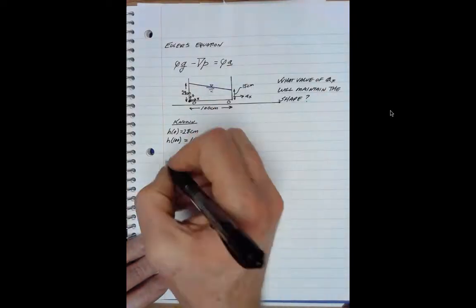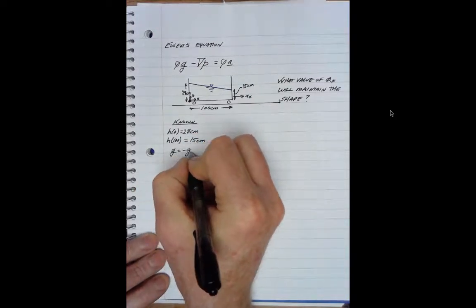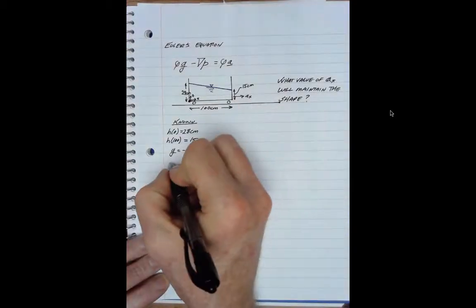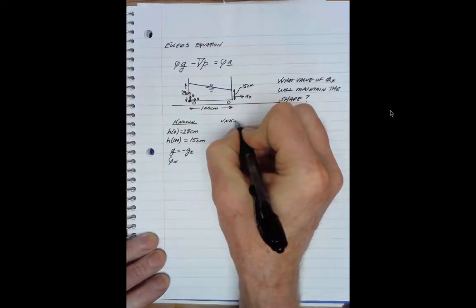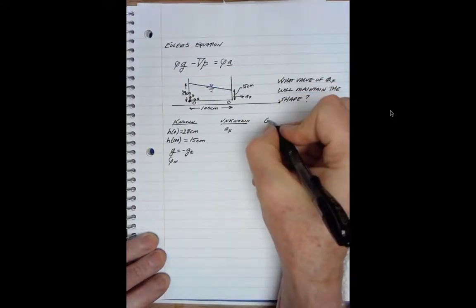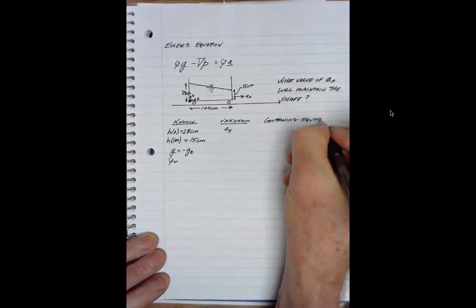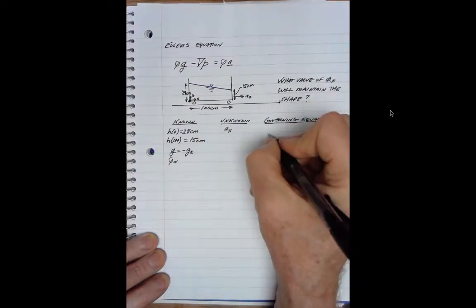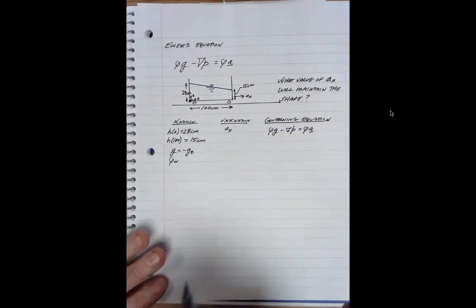We'll have gravity accelerating downwards, so g will be minus g sub z. And we know that the material is water. Unknown, a sub x. The governing equation is rho g minus gradient of pressure equals mass times acceleration.